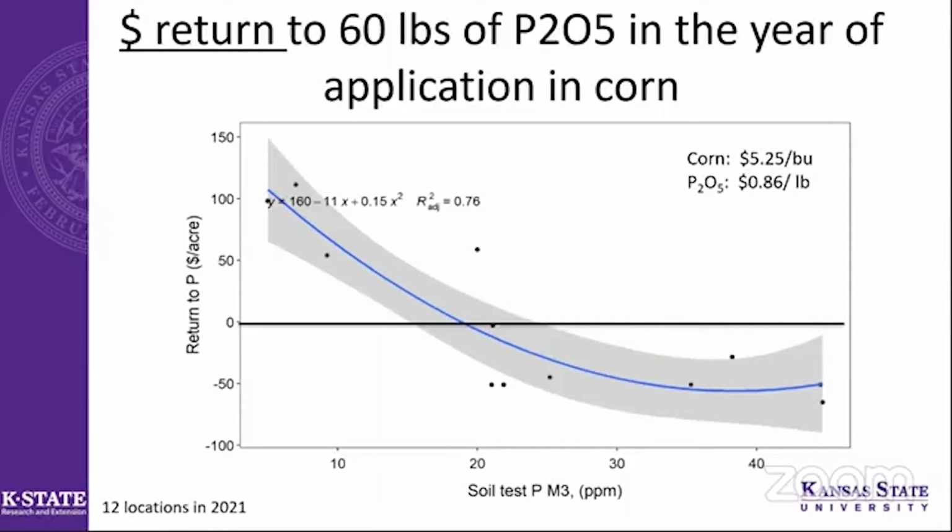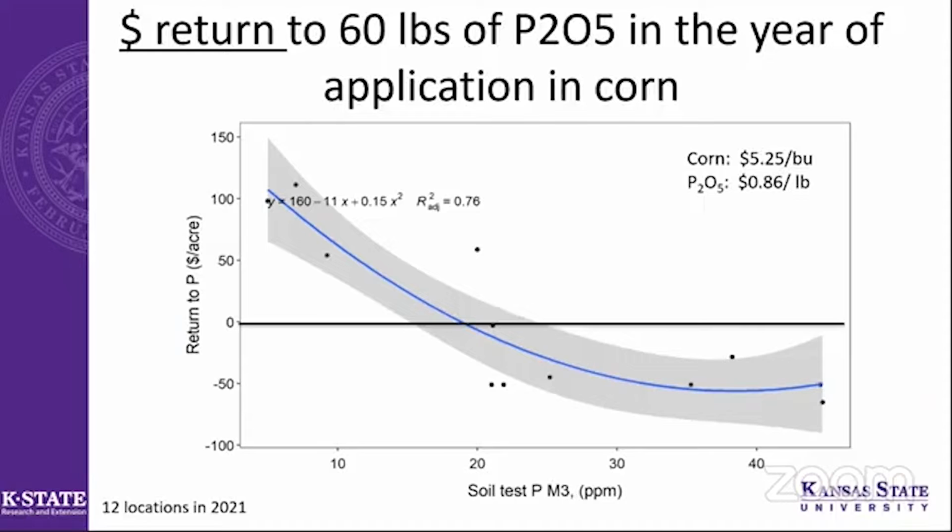Okay, so I have this graph, and the idea with this is really to put in context the economics and at what point we are getting our money back with phosphorus fertilizer in the year of application. This is based on 12 sites that we have across the state last year, and we have more sites this year, so it's an ongoing project.